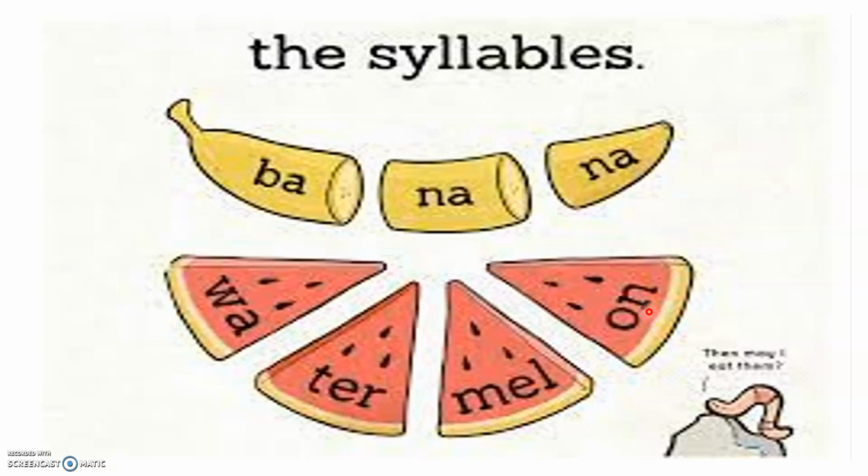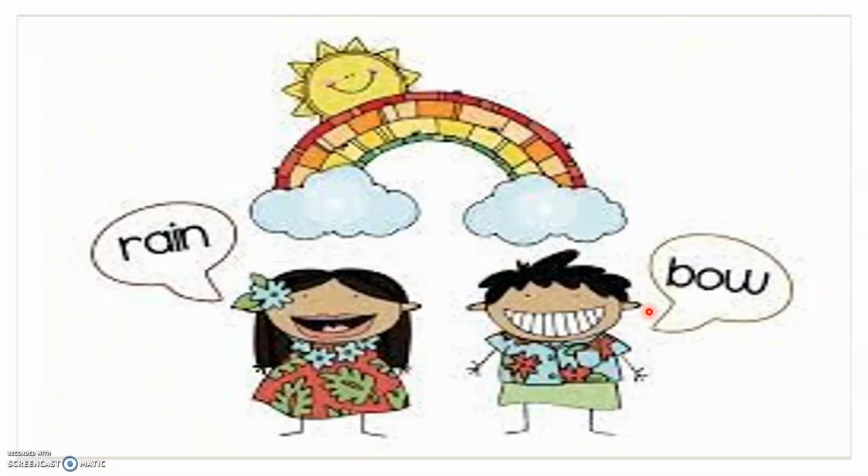Watermelon, four syllables. So to know how many syllables we have in the word, you need to clap the word when you pronounce it, okay? According to the number of claps that you made, you're going to know how many syllables your word has, okay? For example, rainbow, two syllables.